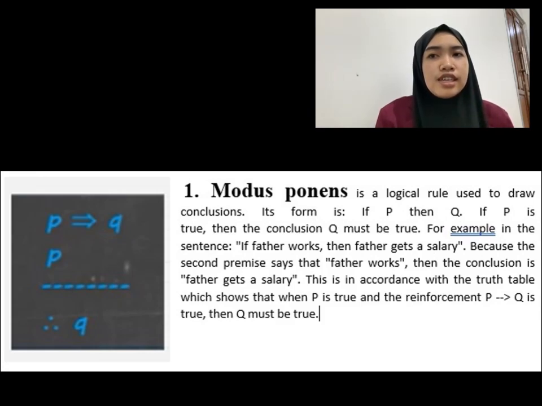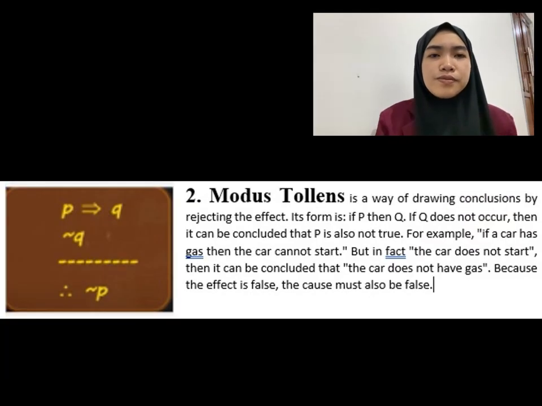This is in accordance with the truth table, which shows that when P is true and the implication P then Q is true, then Q must be true.